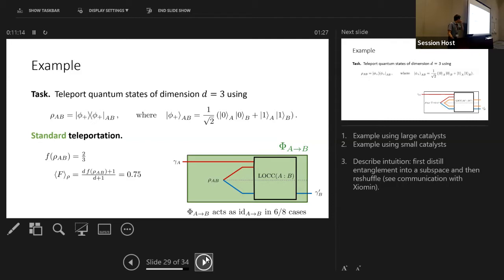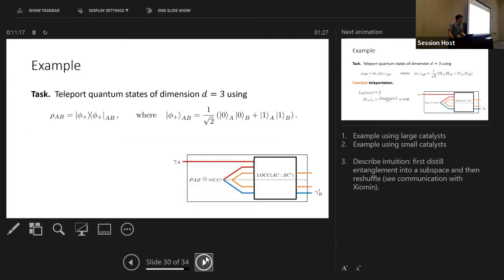Okay, so what about the performance of the catalytic protocol? It turns out that you can find a catalyst, a special entangled state, which, if you apply this preprocessing technique that I told you about, allows you to boost the entanglement fraction in the shared state. And this you can do up to 4/5, which gives you a much larger catalytic fidelity of teleportation.